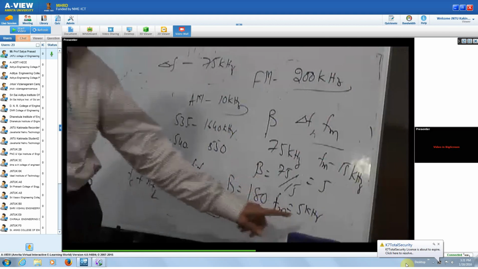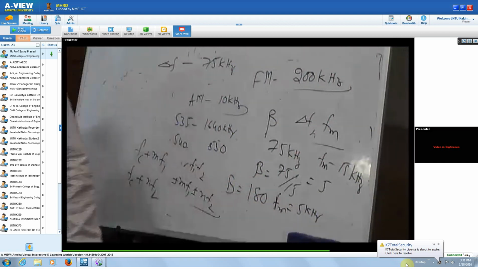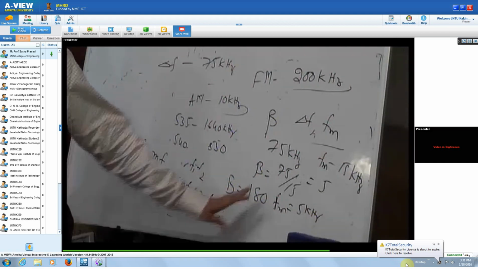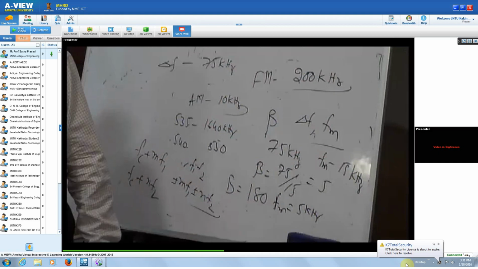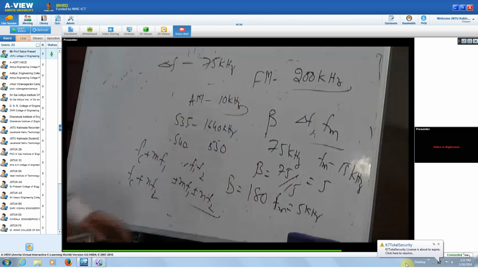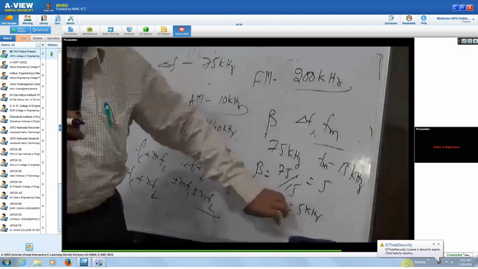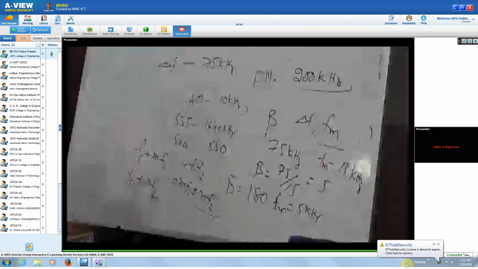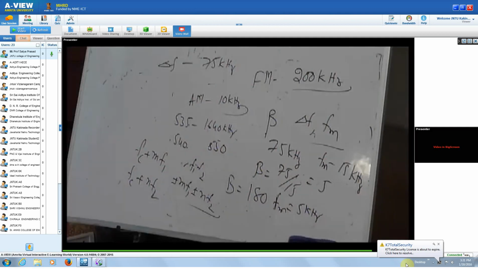So 15 plus 1 into 5 into 2. Okay. So instead of 180, for lower frequencies your beta is going to be giving you the required deviation.